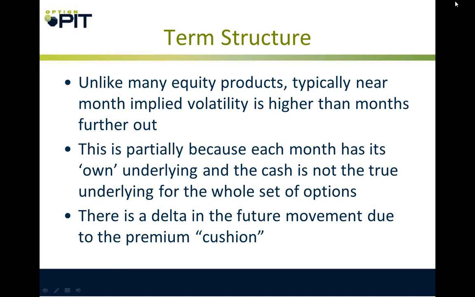Term structure. Unlike many equity products, typically near month implied volatility is higher than the months further out. This is partially because each month, again, has its own underlying, and the most volatile underlying is that front month. There's delta in the future movement. Since those future ones aren't moving as much, there is typically a lower volatility back there.